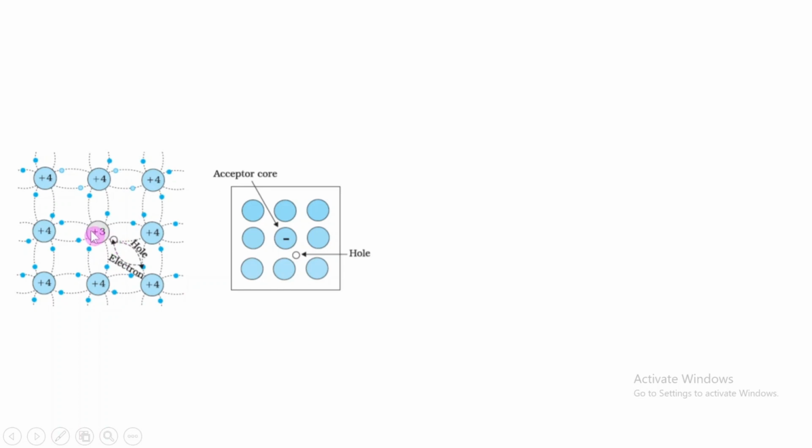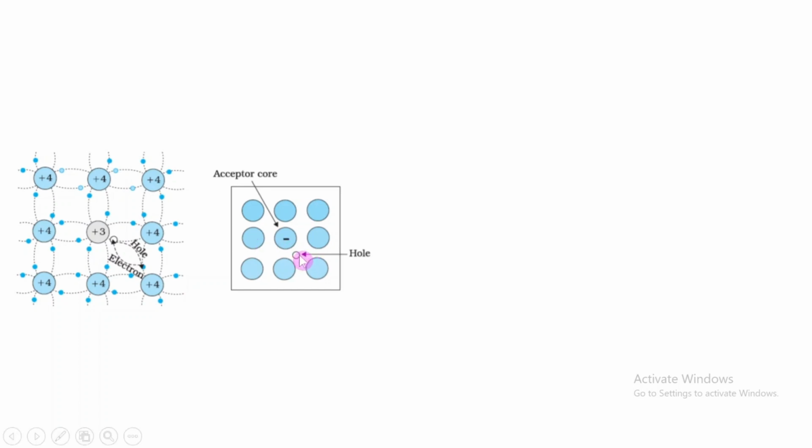This atom requires an electron, so we call this dopant, boron, the acceptor core, having that hole without producing an electron. So here there is no electron-hole pair production.